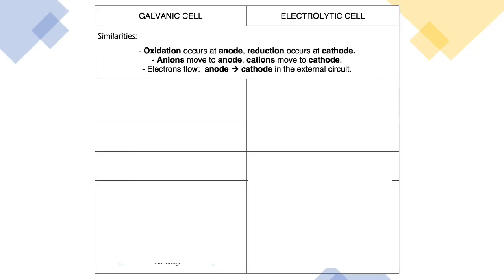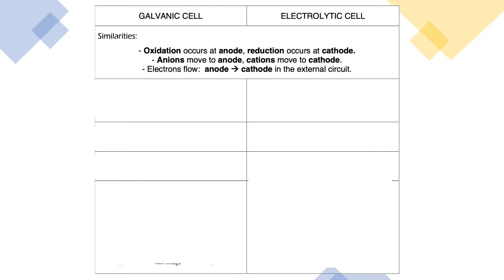For both cells, oxidation and reduction happen at the same place: oxidation at the anode and reduction at the cathode. This is fixed. Anions move to the anode and cations move to the cathode.